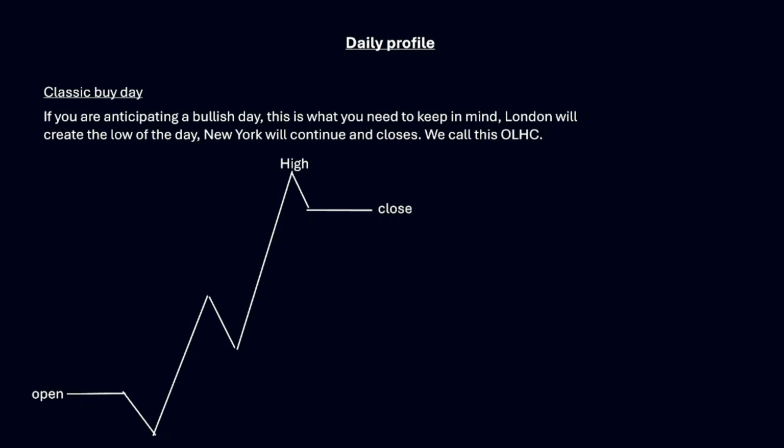But on the Euro USD daily profile, from the opening price below, which is the opening, low, high, close, this is what we're anticipating: the power of three. If you apply this correctly, this is the power of three. We are anticipating price to do the manipulation during the London section to create the low of the day.